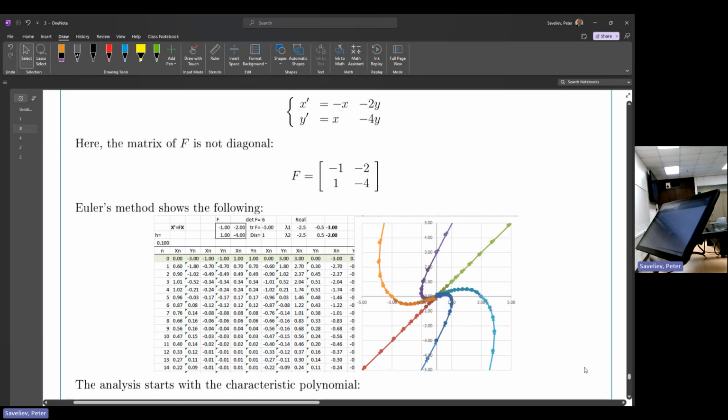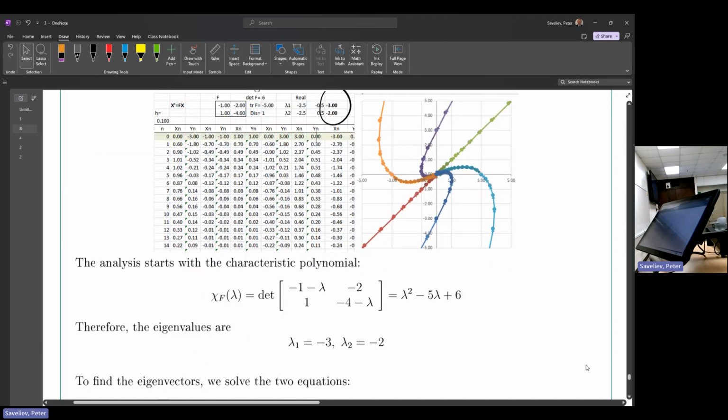But actually, it's still pretty much the same. The spreadsheet tells us that the lambdas are -3, -2, so it's exponential decay in all directions. One of the directions is clear, the other one is not. It doesn't mean that they converge onto each other, not necessarily.